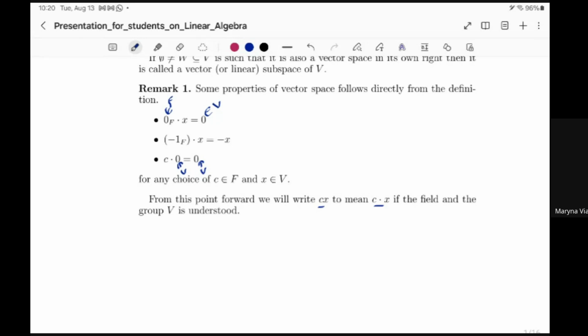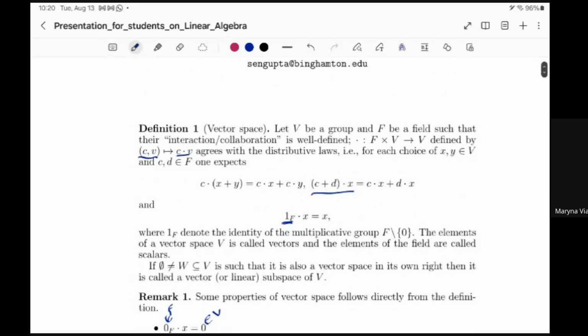And you have a field, and they have some interaction with each other using these properties right here. That's all I'm saying. What group structure you have depends on what you're working with, but the linear algebra part at least doesn't really concern itself too much with the group structure or the field structure.